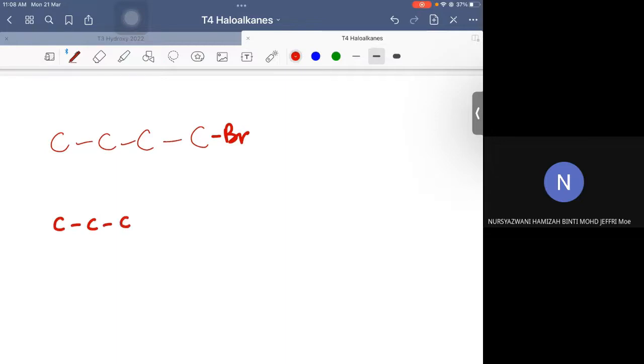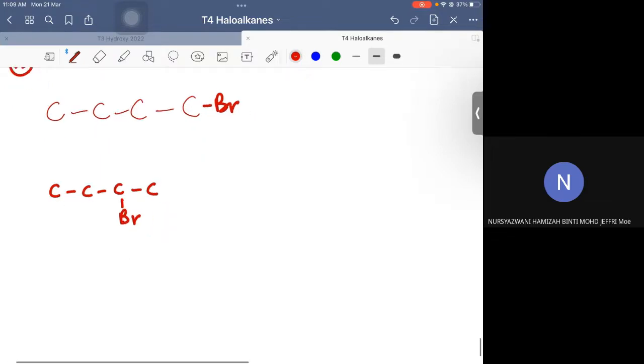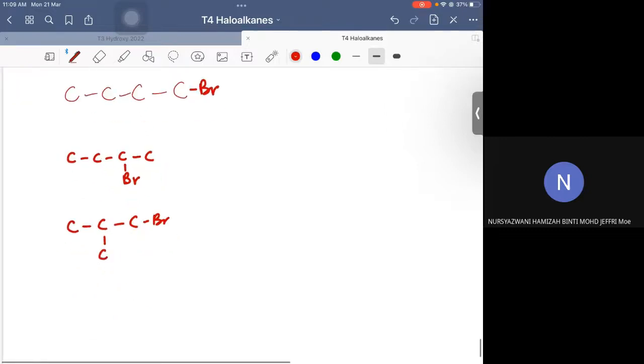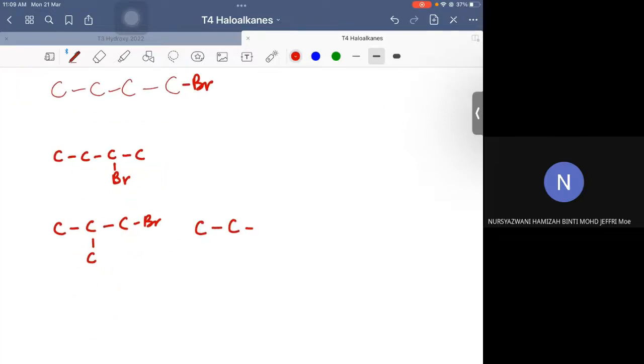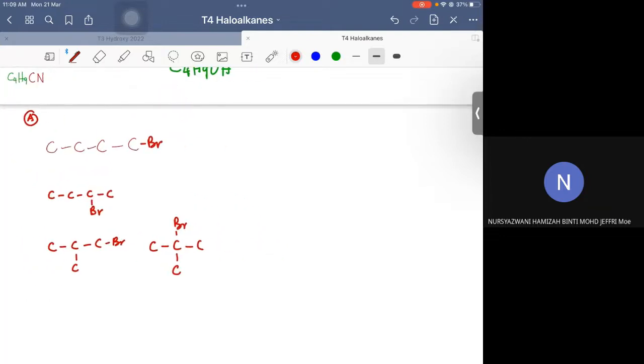Ni possibility struktur A ya. Mungkin 4 carbon tapi Br dekat carbon number 2. Ataupun dia nak buat 3 carbon chain tapi Br dekat carbon number 2 pula. So kita ada 4 possibilities untuk menghasilkan struktur A.